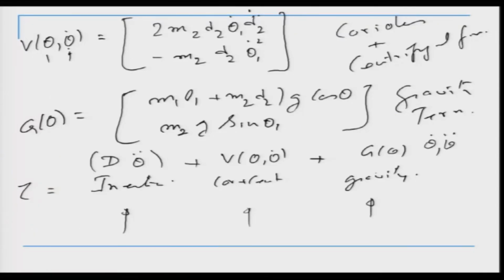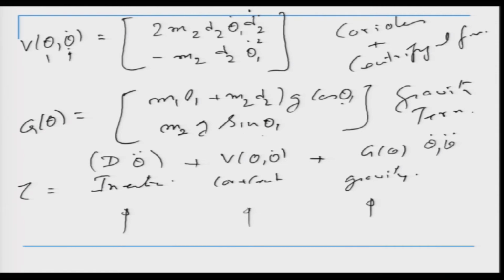Now, this was a very simple example, but if you look at the computation requirement, and reverse the question, which of these three are important and which are not? The gravity term does not depend on theta dot and theta double dot. The gravity vector that we got here has only cos theta and sin theta. It does not have velocities or accelerations.